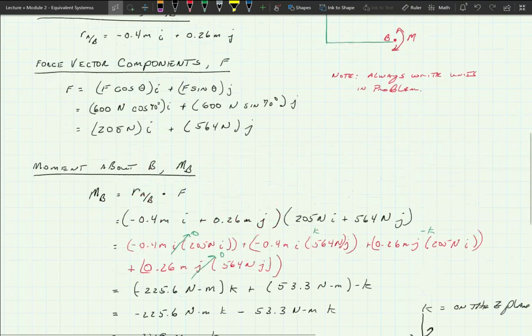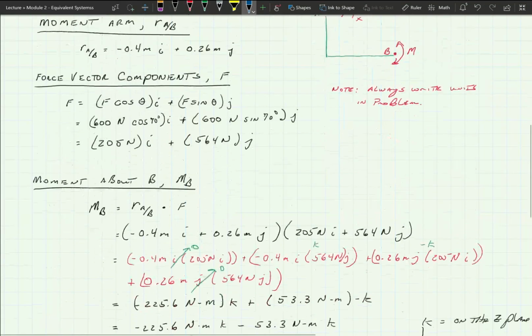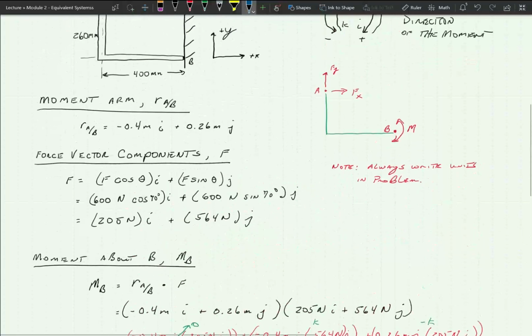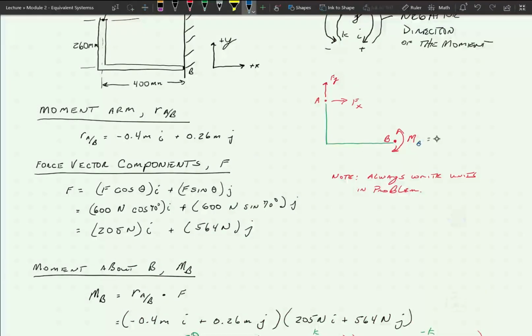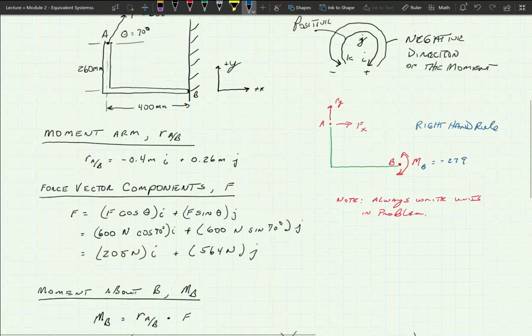We're good. Now, if I go back up to this problem, and I was trying to figure out which way this moment goes here, then I'm going to take it about point B, and I add negative 279. So the moment about B was negative 279. And using the right-hand rule, we will put our thumb in the direction of that moment.